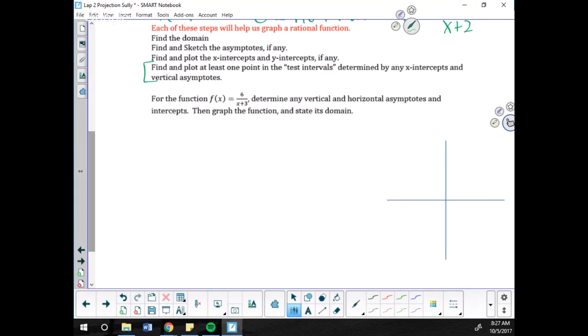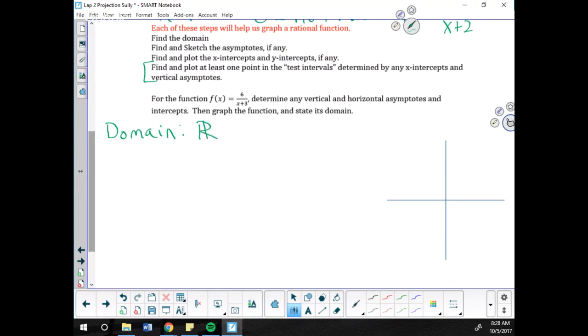All right, so let's start off. Domain. I want you to turn to your partner and tell them what the domain is right now. Of this function. All real numbers.